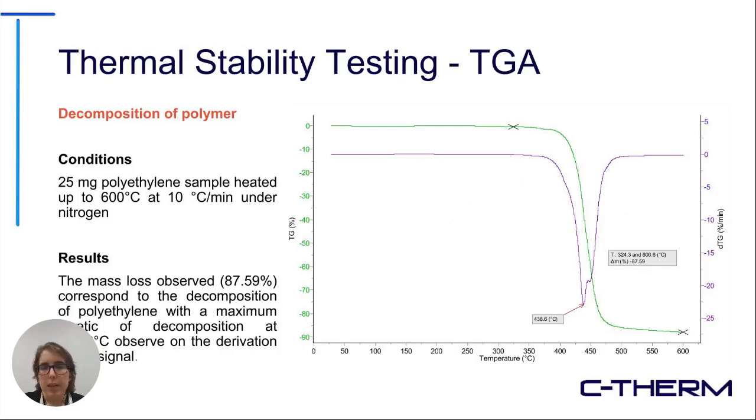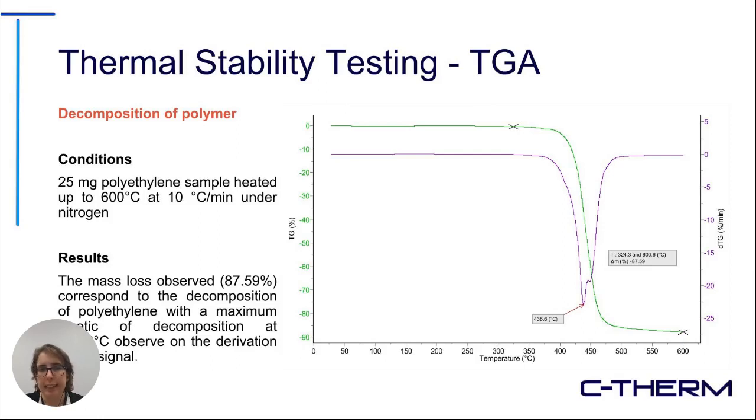One of the most common applications of TGA is to look at thermal stability testing. So this is a really simple case study looking at polyethylene heated up to 600 degrees Celsius at 10 degrees C per minute under an inert gas atmosphere. And you can see how the mass hits the decomposition temperature, and suddenly you have this massive drop off in the mass.